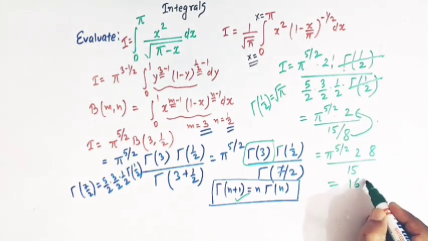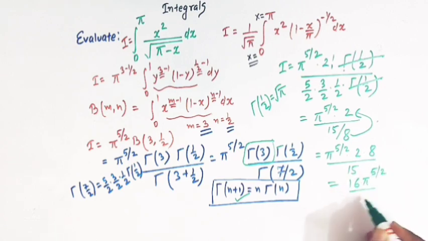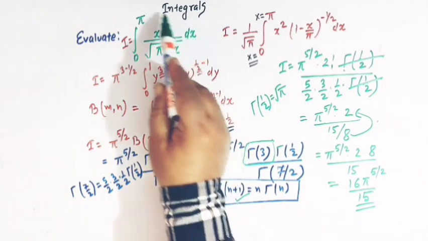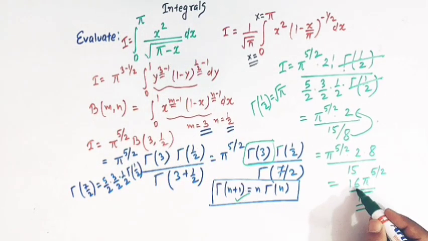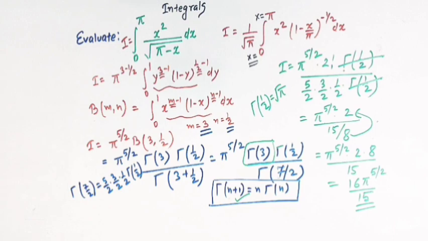So we have 16 times pi raised to 5 by 2 divided by 15, right? So the value of this integral is equal to 16 over 15 times pi raised to 5 by 2. So viewers, this is how by the application of beta function, we can evaluate these kind of integrals.